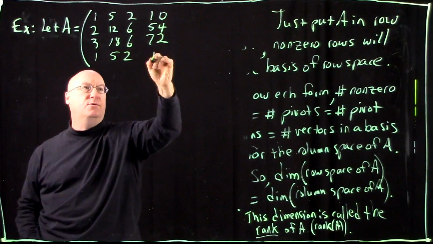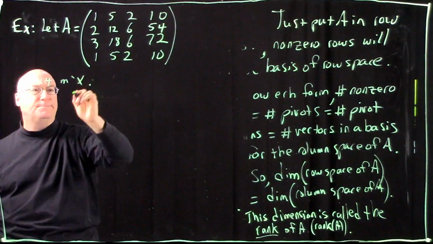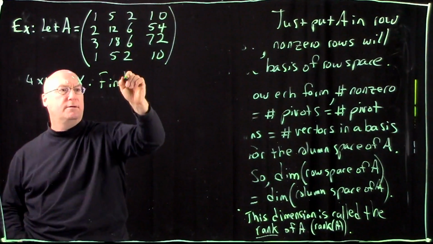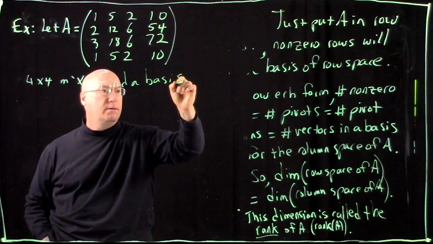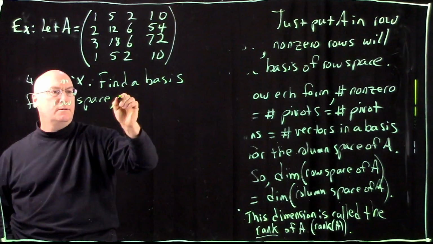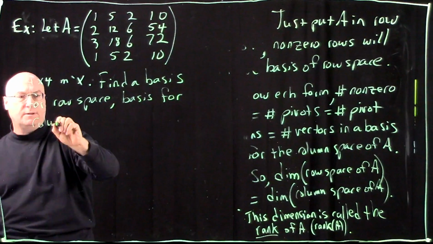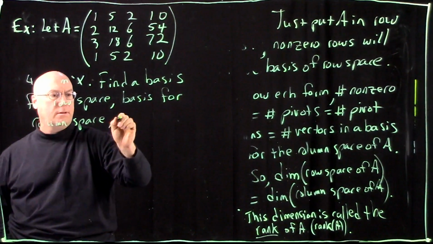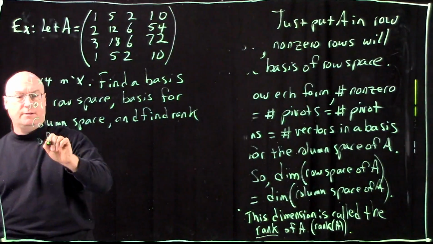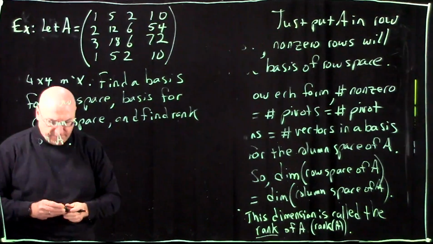This is a 4 by 4 matrix. I want to find a basis for the row space, a basis for the column space, and find the rank of A. Let me see if I can find something that doesn't squeak quite as much.